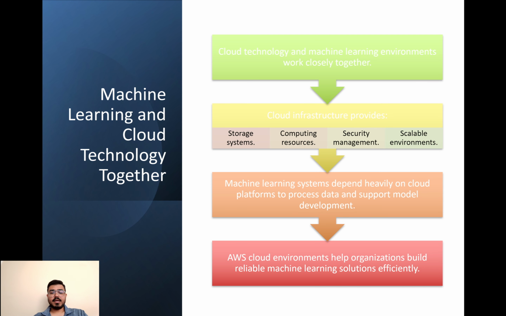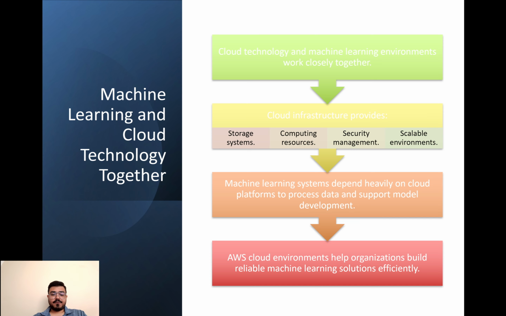So, machine learning and cloud technologies work closely together in modern technology environments. Cloud infrastructure provides storage systems, computing resources, security management, and scalable environments. So, machine learning systems often require large datasets and computing power. Cloud environments help organizations handle these requirements more efficiently. For example, machine learning models may need large storage systems for training information.